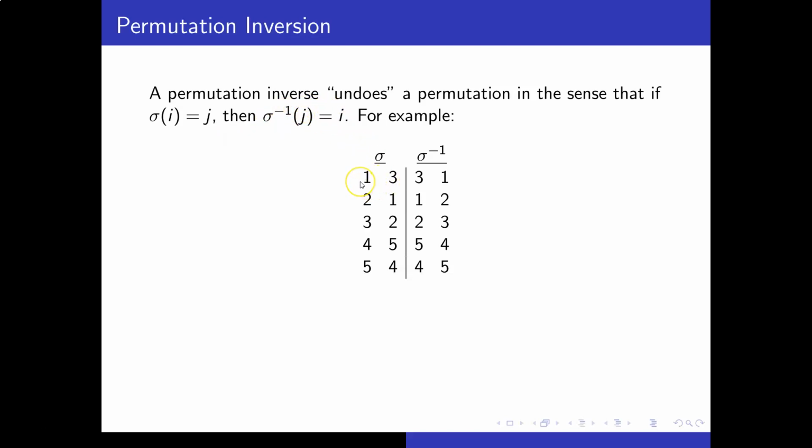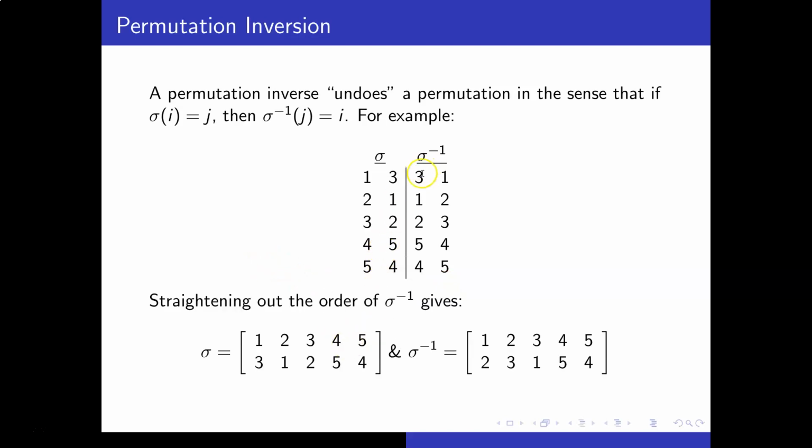So looking at that, if I've got my sigma here, 1 goes to 3, well then sigma inverse has to undo that, so 3 has got to go back to 1. If 2 goes to 1, then 1 goes back to 2, 3 to 2, 2 to 3, etc. But we want to rewrite that in a matrix.